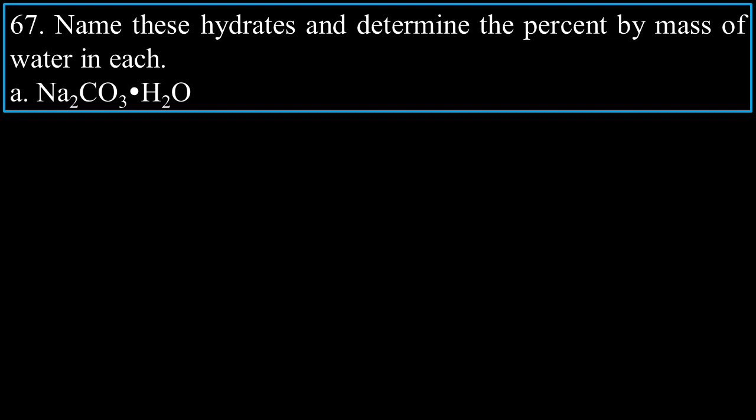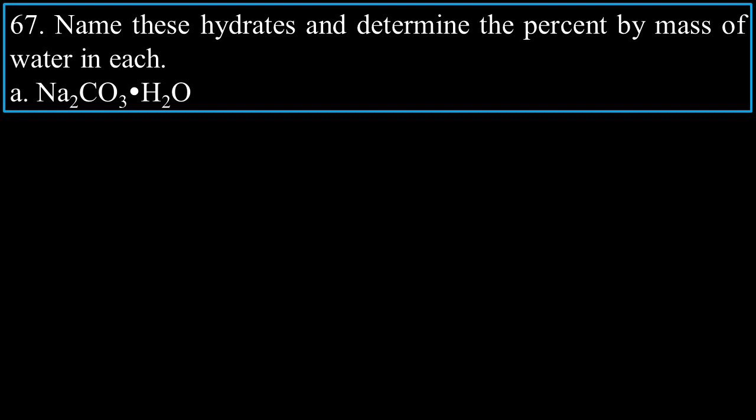You take the mass of 2 times sodium plus 1 times carbon plus 3 times oxygen, so that's going to be 46 plus 12 plus 48 plus 18. That's the total mass of that particle. And then take the water, 18, divided by that total mass times 100, and that's going to be the percent of that molecule that is water.